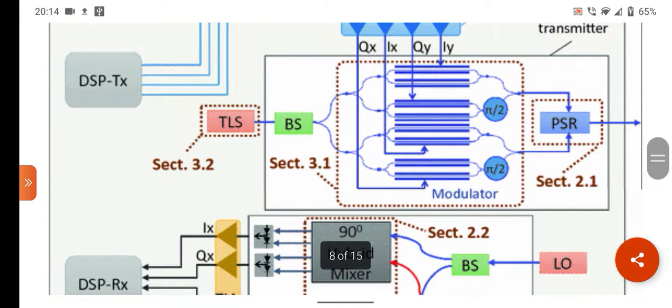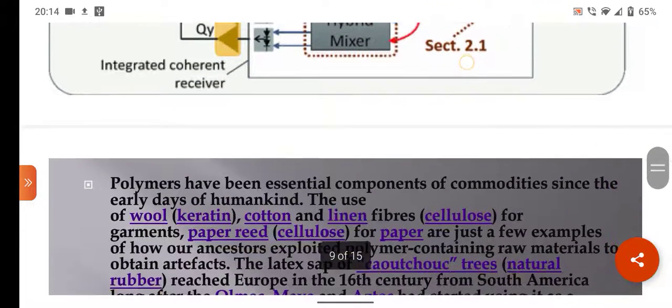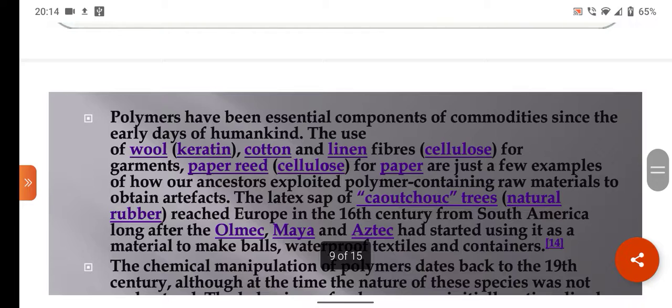Structure of polymerization. Polymers have been essential components of commodities since the early days of humankind.